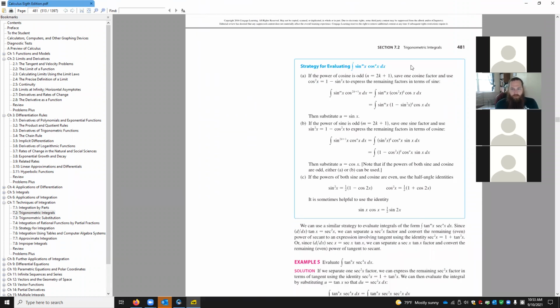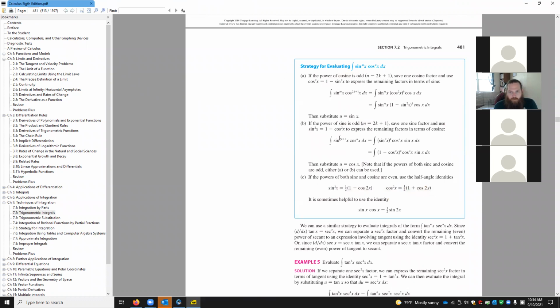Here's the strategy they give for sine cosine integrals. If the power of cosine is odd, then you turn everything into sines and sub for sine. If the power of sine is odd, you turn everything into cosines and sub for cosine. If they're both even, then you grind with the half angle identities until you get where you need to go.